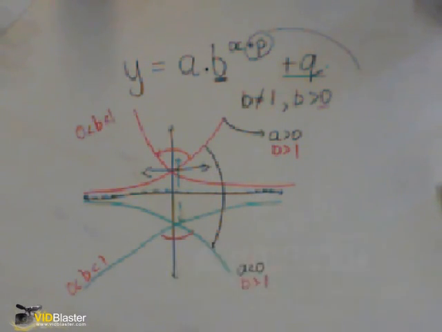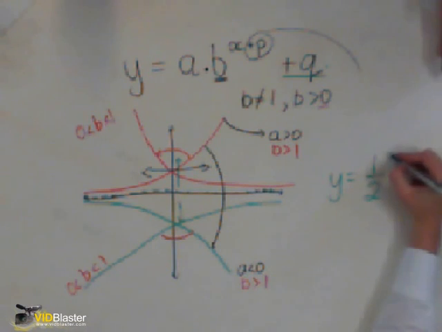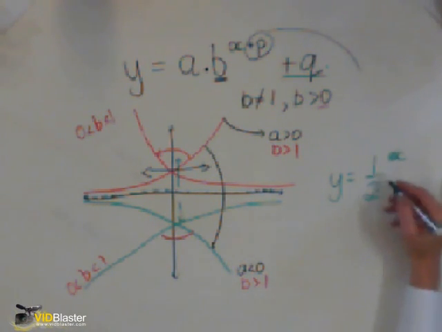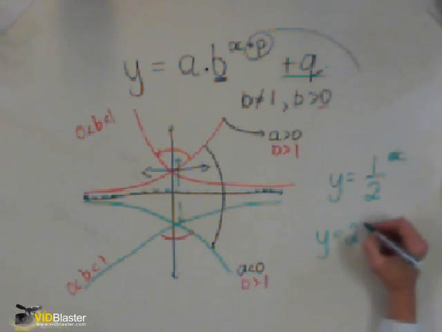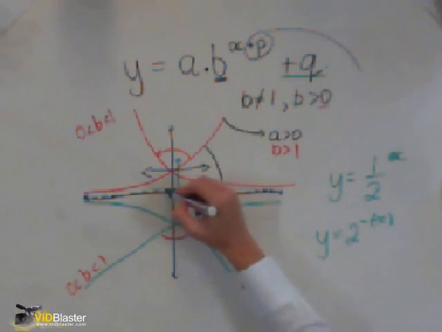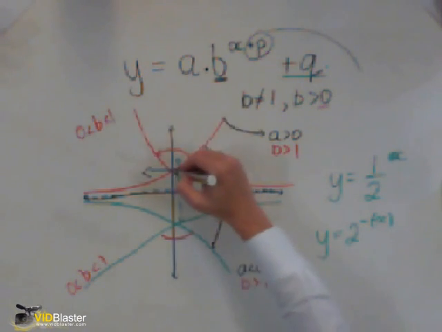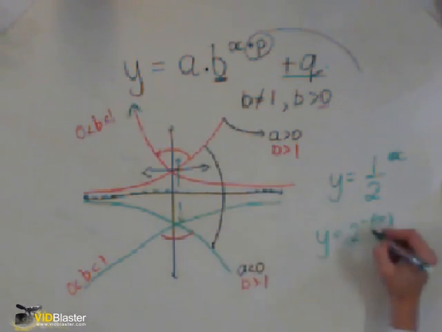because B is a fraction, let's say for example we have y equals 1 over 2 to the power of x. 1 over 2 to the power of x can actually be written as y equals 2 to the power of negative x. And where your x values are negative, that's why your answers are positive.